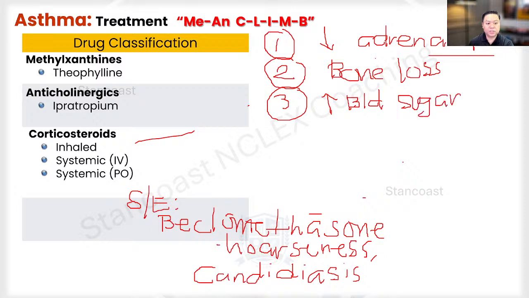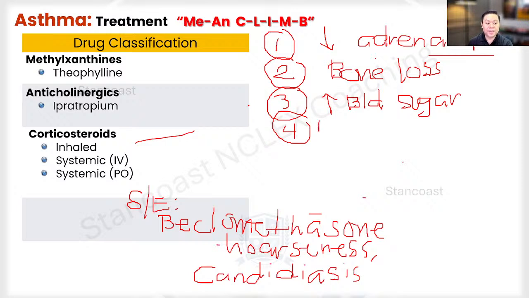Increase in the blood sugar because it can promote the conversion of other sources into that simple sugar. That's why they're going to end up with hyperglycemia. And this is something that you need to be careful about, especially if the patient has a pre-existing diabetes mellitus. They definitely need to have an extra amount of insulin in order to manage their blood sugar.